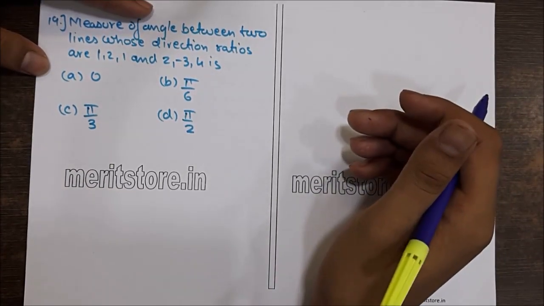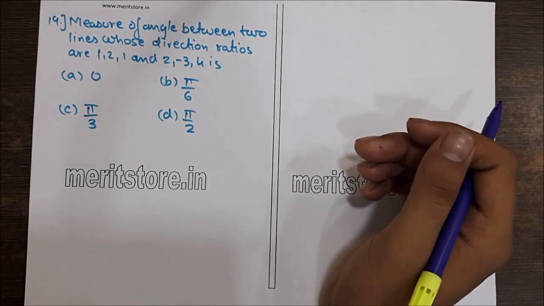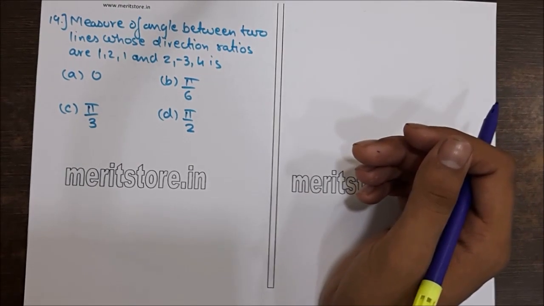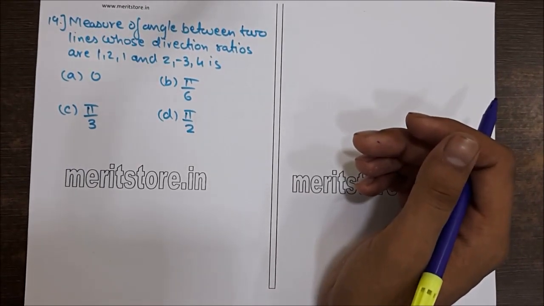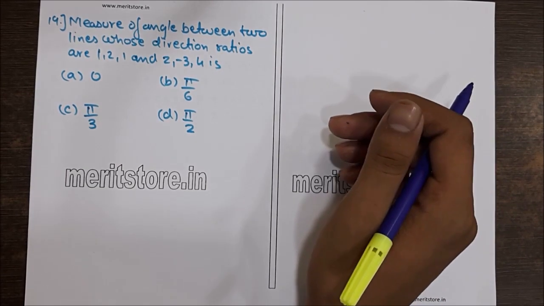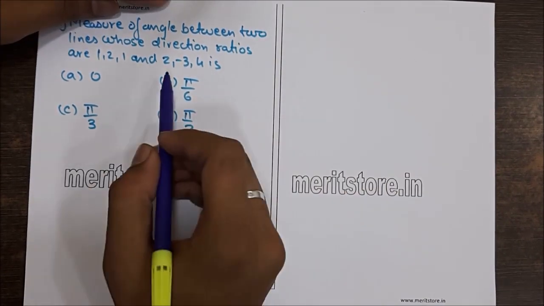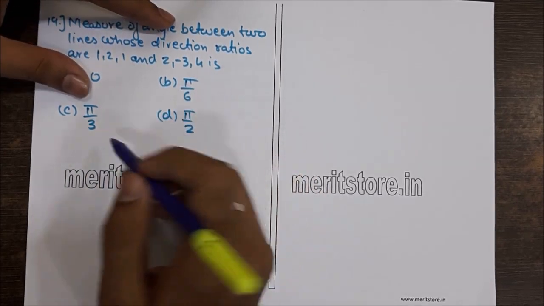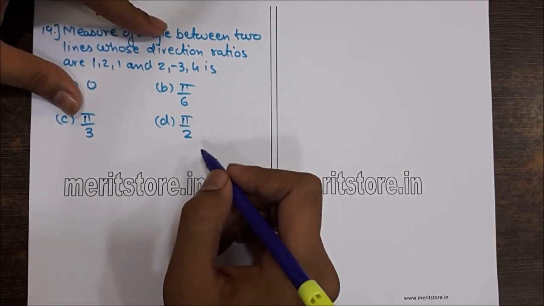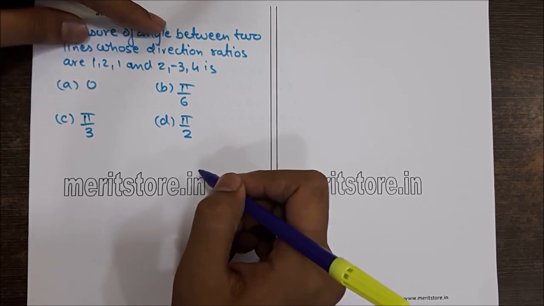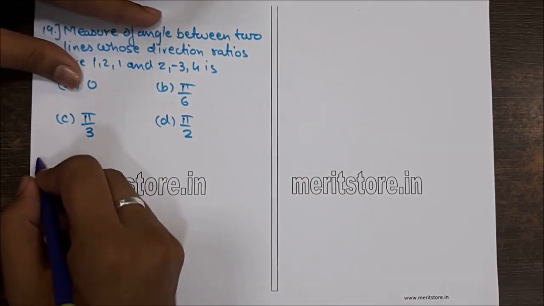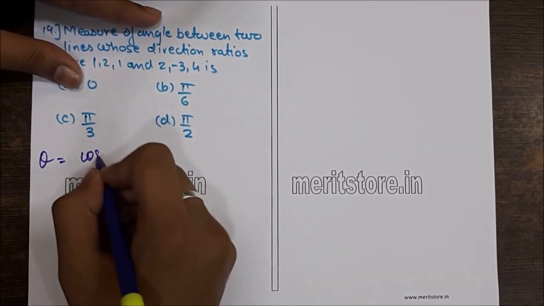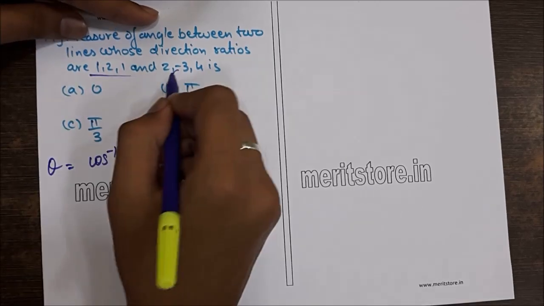Question number 19. Measure of angle between two lines whose direction ratios are 1, 2 and 1, and 2, -3 and 4 is option A 0, option B pi by 6, option C pi by 3, option D pi by 2. Okay, so let us solve this. Here we'll get the value of theta, which would be cos inverse of, now we have to substitute these values.